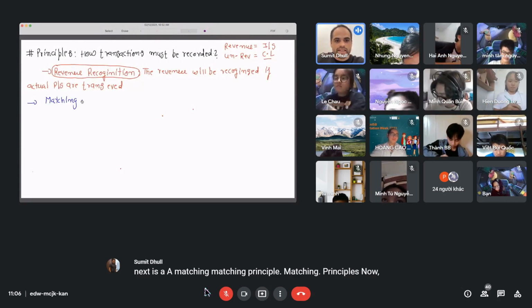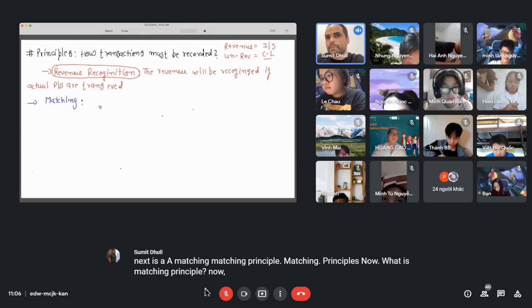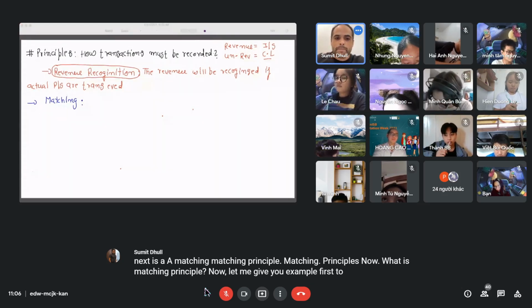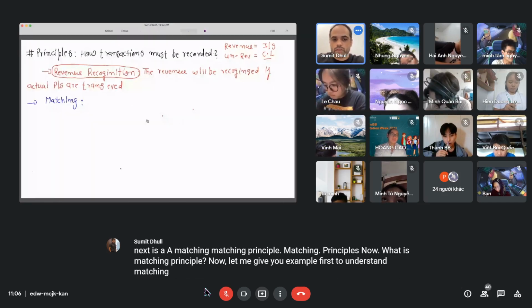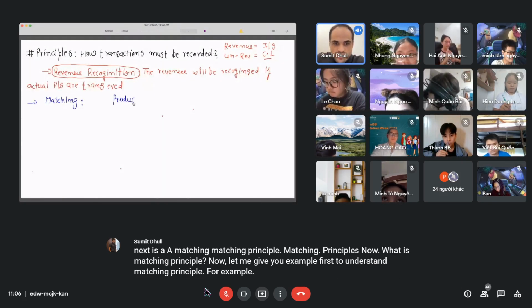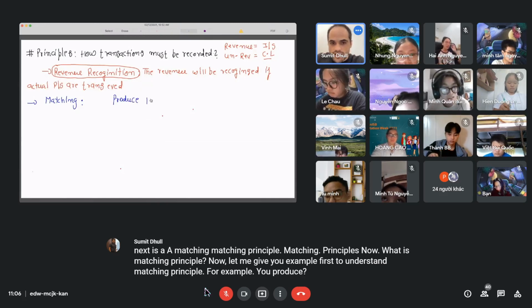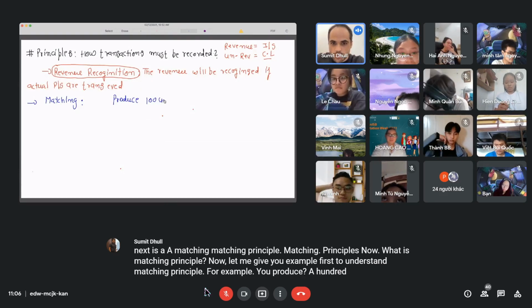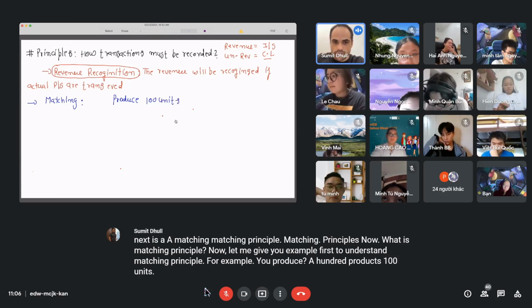Now, what is the matching principle? Let me give you an example first to understand it. For example, you produce 100 products, 100 units. Units means product.